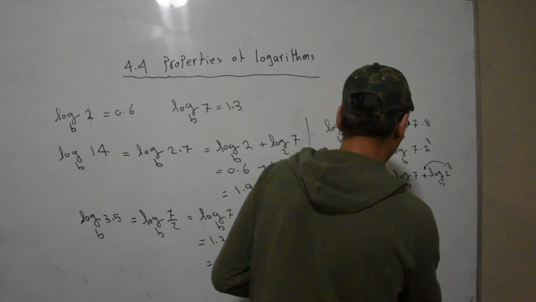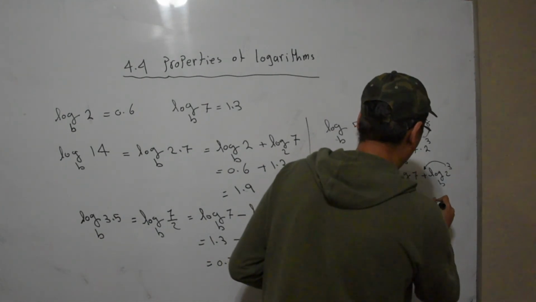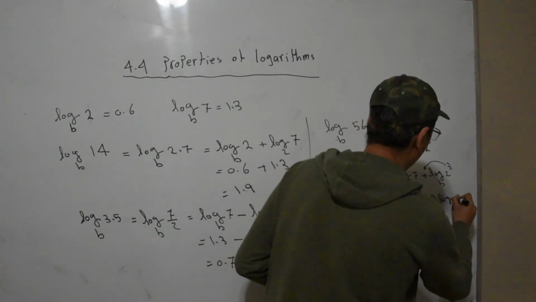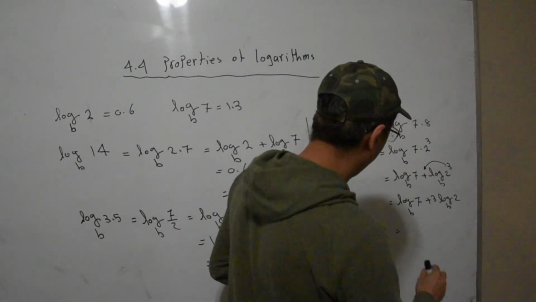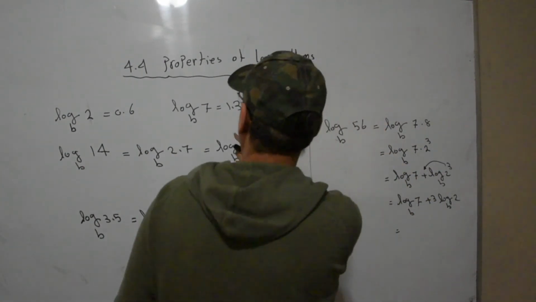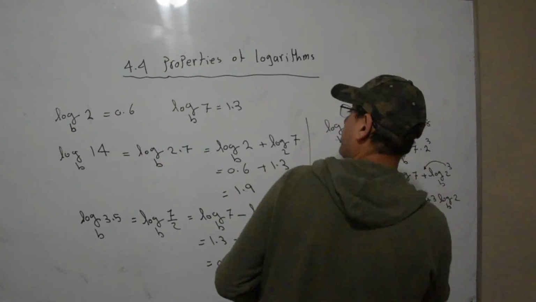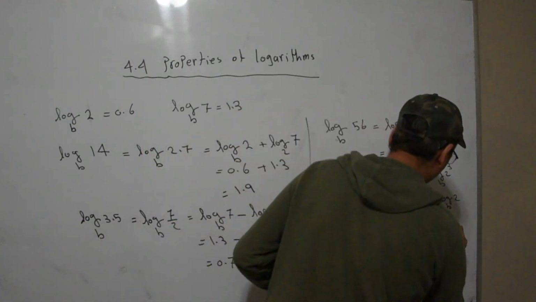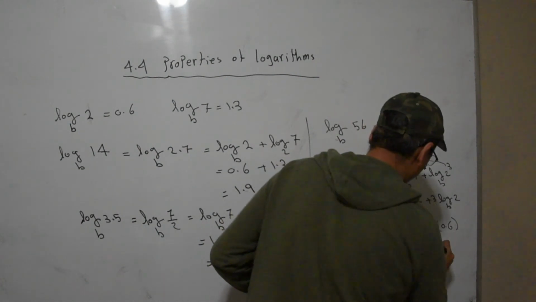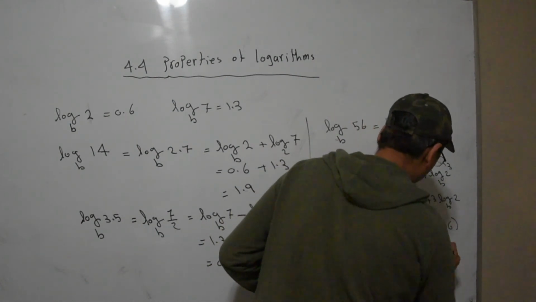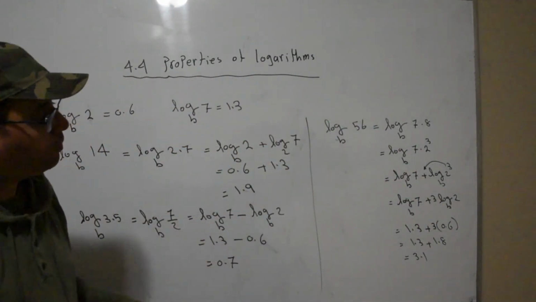So I have here log base b of 7 plus 3 log base b of 2. And what does that give me? Log base b of 7 given here is 1.3 plus 3 times 0.6. So that would be 1.3 plus 1.8, which is equal to 3.1. Okay?